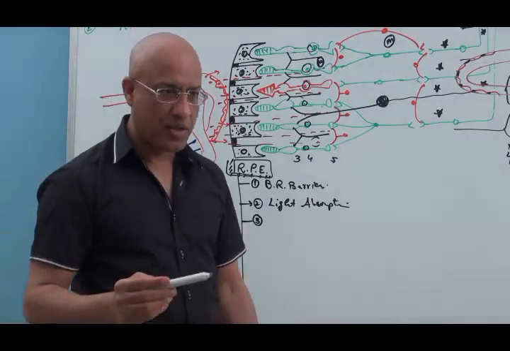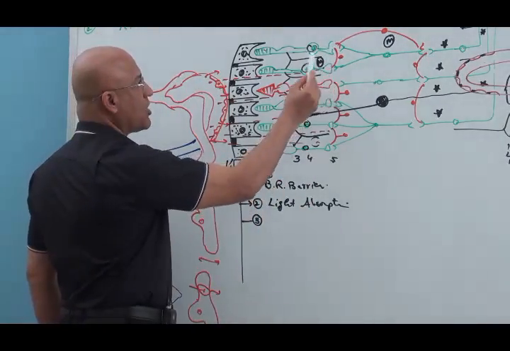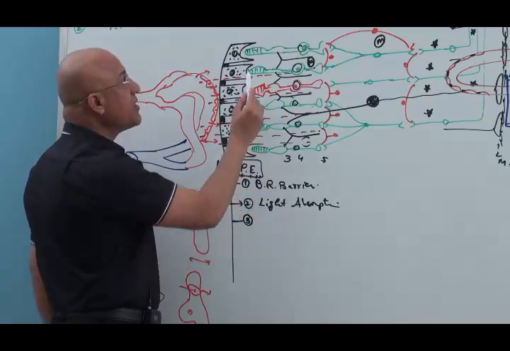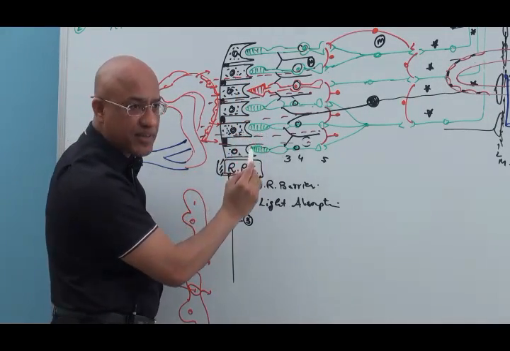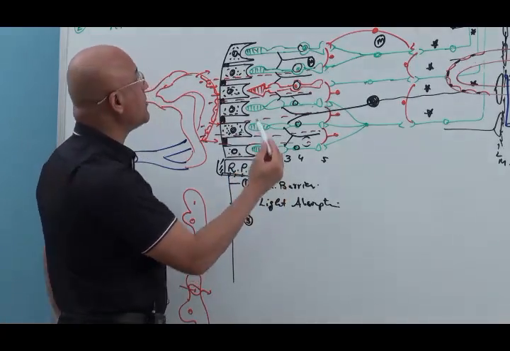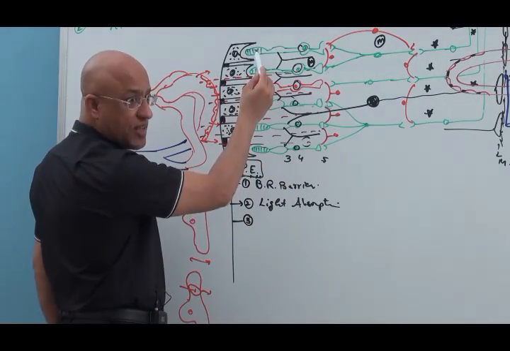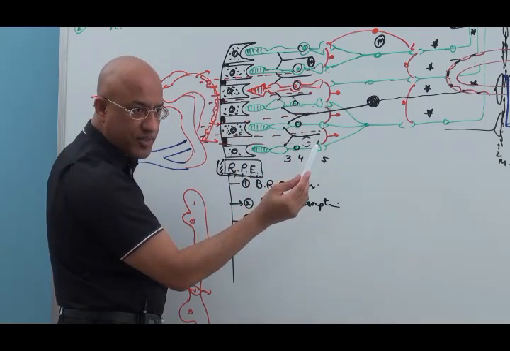How? You know, when light falls on the rods and cones, it bleaches the visual pigment. The visual pigment present in rod is rhodopsin, and in the cones it is iodopsin.